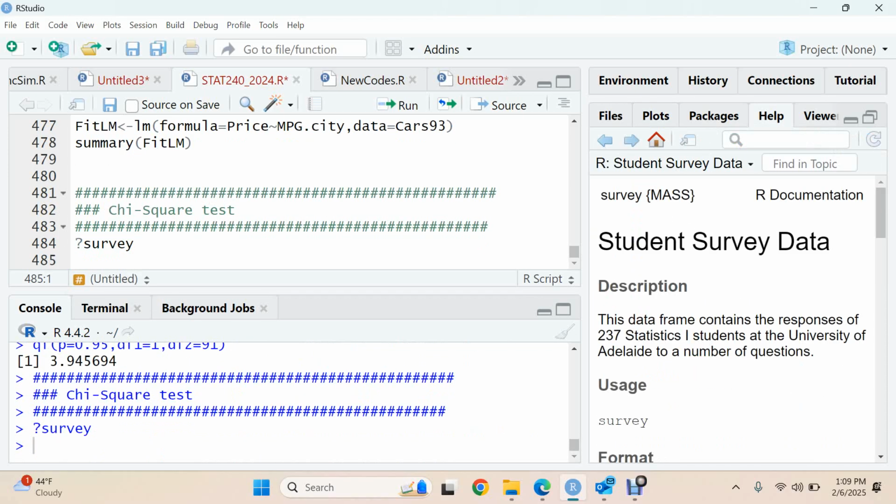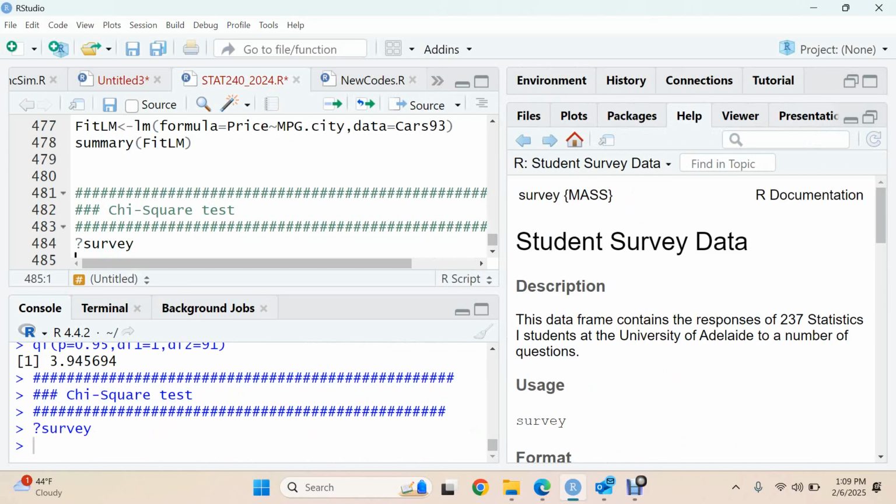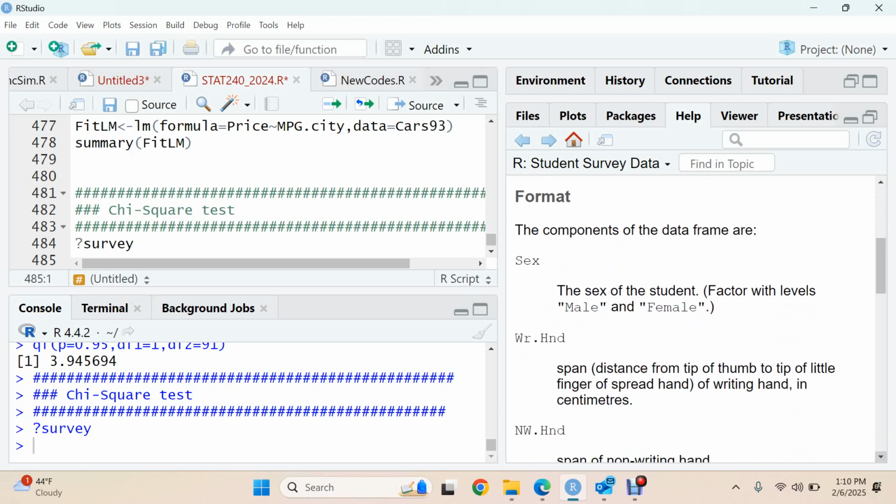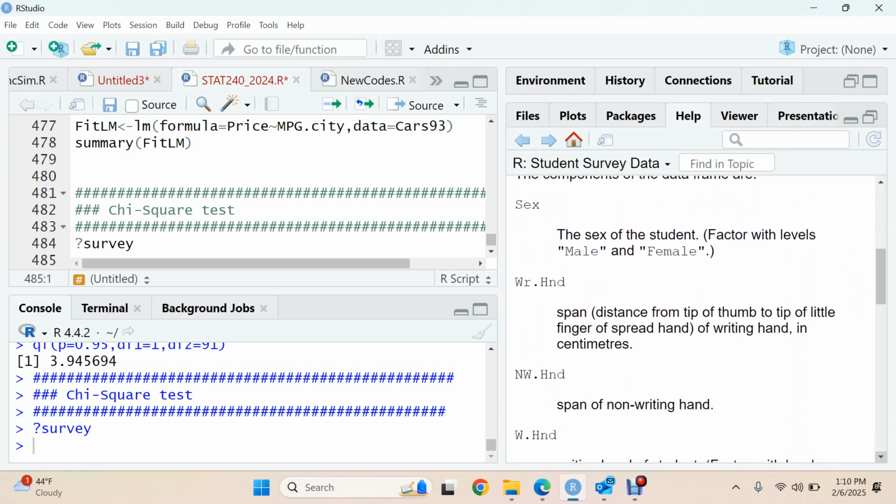Survey. Right. So this is a student survey data. It contains responses of 237 statistics students, Statistics 1 students from the University of Adelaide, to a number of questions. So they were just like you. It talks about the sex and the span. Sex is categorical, right?